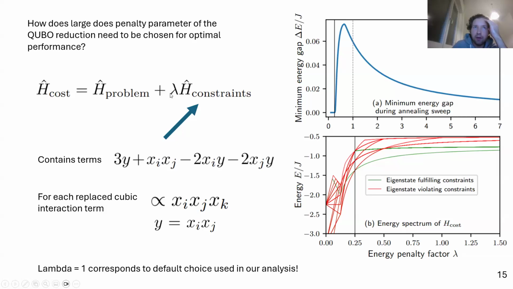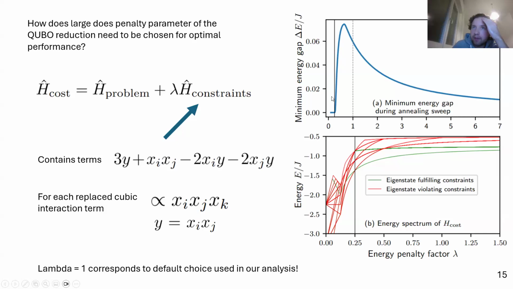But at the same time, varying this lambda changes the minimal energy gap of the protocol, and so also the annealing performance. If you look at this plot at the top right, varying lambda and looking at the minimal energy gap during the protocol, we see that we have a clear maximum where we have the best performance or maximum energy gap.